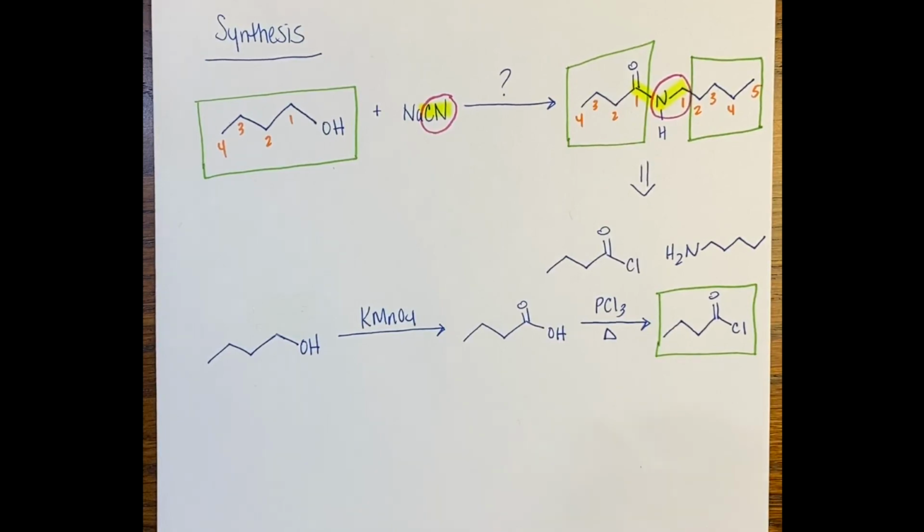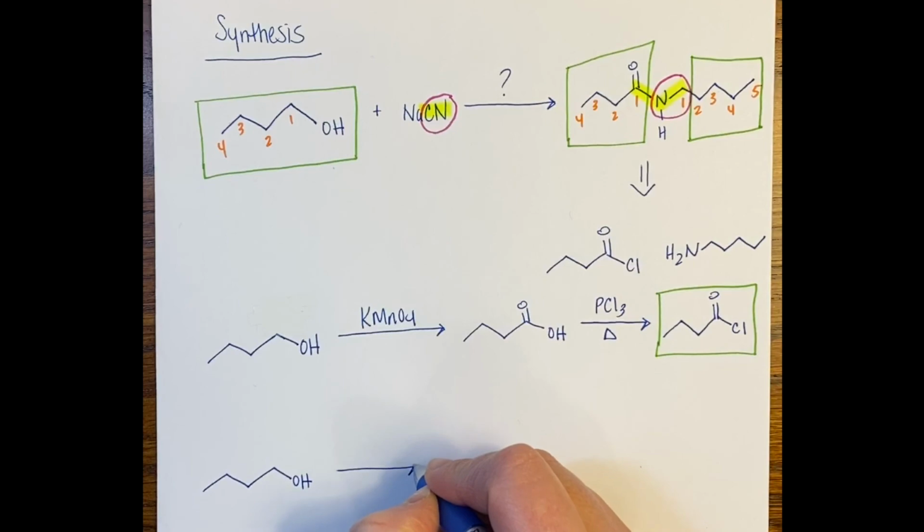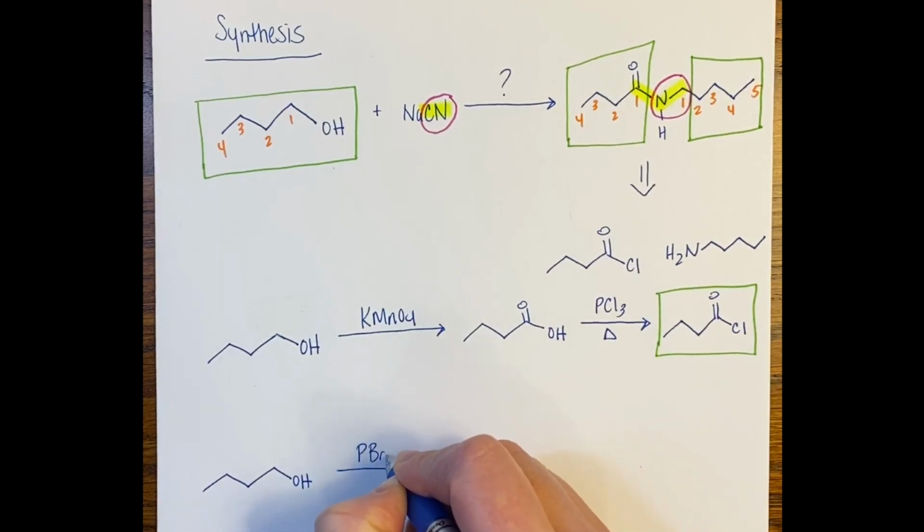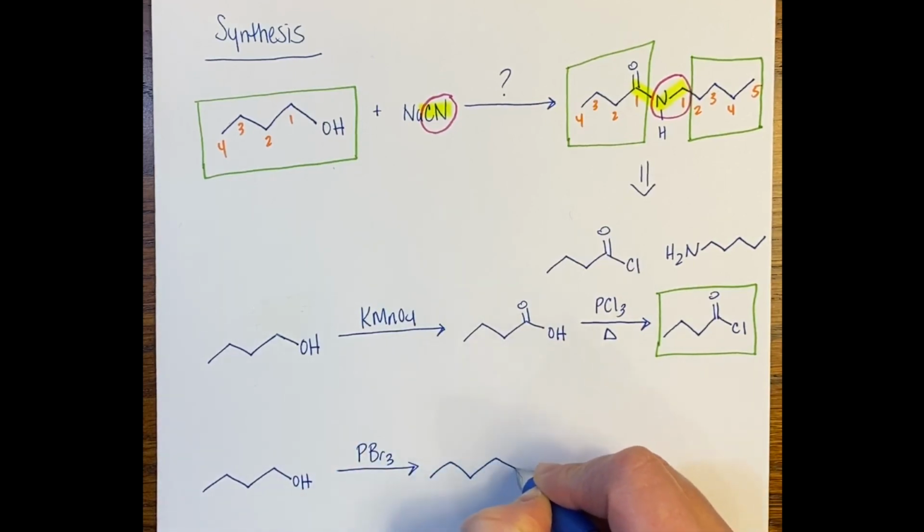Now I'm going to take my alcohol, and I need to react it with the cyanide ion in order to extend my carbon chain. And the cyanide ion is a good nucleophile in an SN2 reaction, so I need to convert my alcohol to a better leaving group. So I can treat my alcohol with PBr3 in order to convert the alcohol to the bromide.